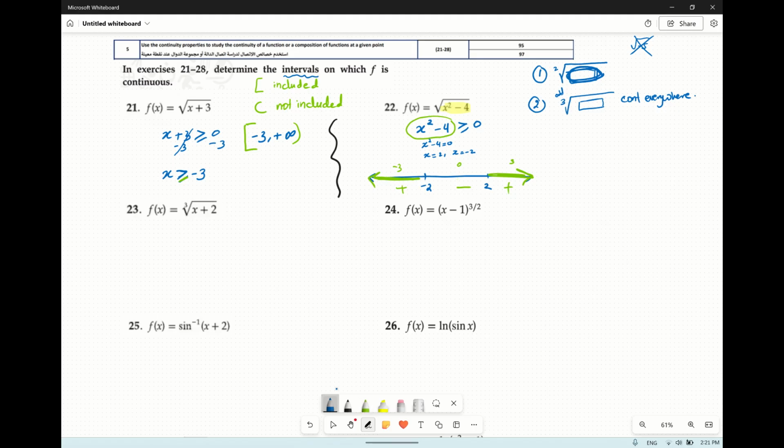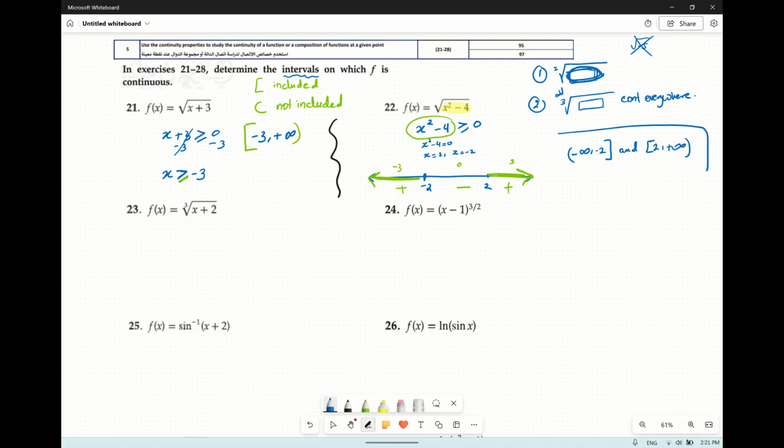So now I will say, as an interval, we are going from minus infinity till minus 2. Minus infinity will get parentheses, minus 2 will get a bracket. And then from 2 till positive infinity.